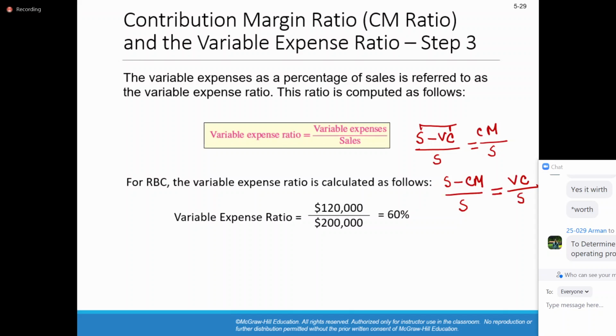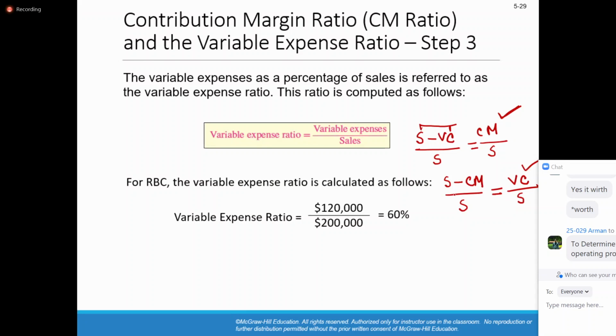Now, if the previous one, or the flip side we discussed, is the contribution margin ratio, I mean this one, what would we say about this? It should be the variable expense ratio.